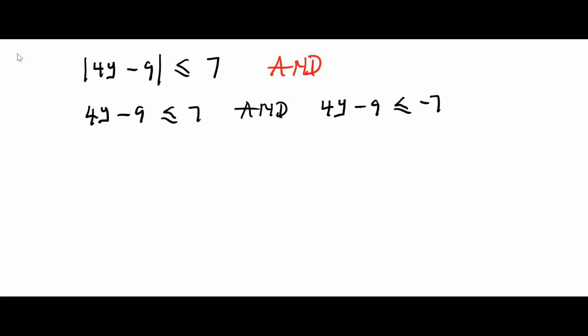Now we can add 9 to both sides, and negative 9 plus 9 will simply cancel, and we now have 4y is less than or equals to 7 plus 9, which is 16.